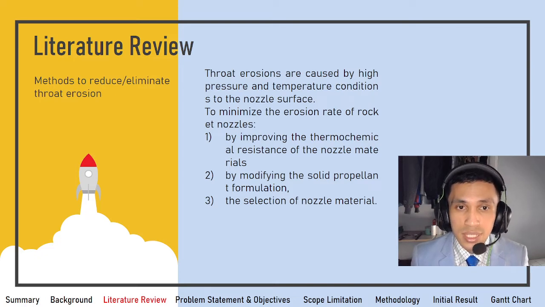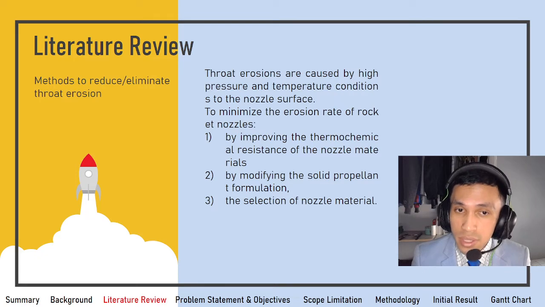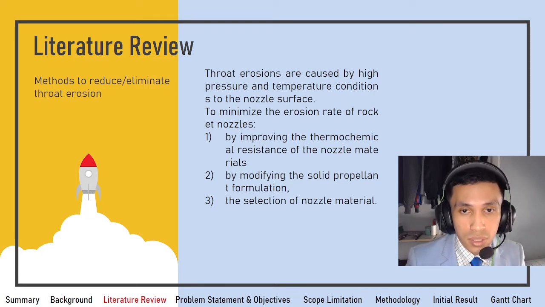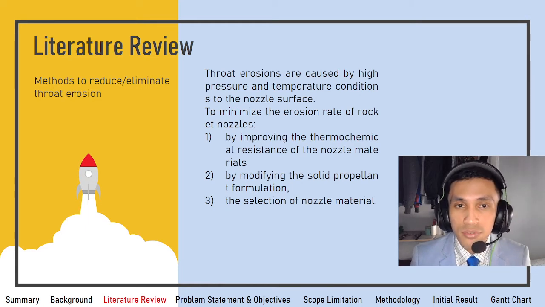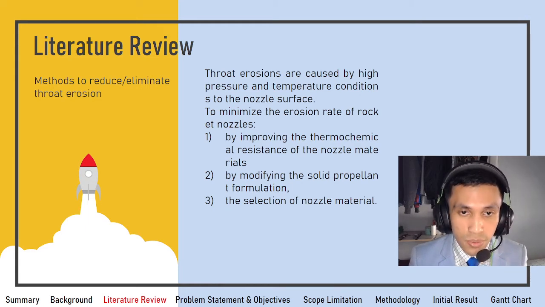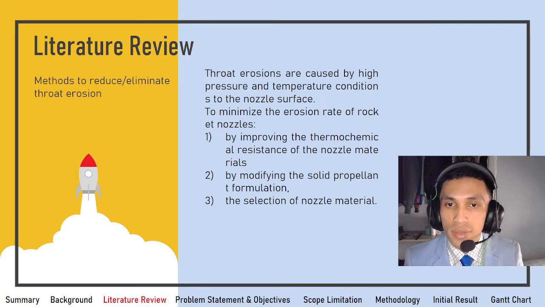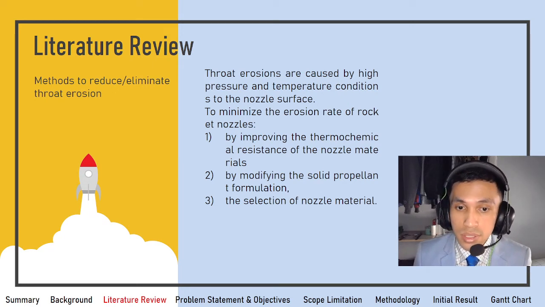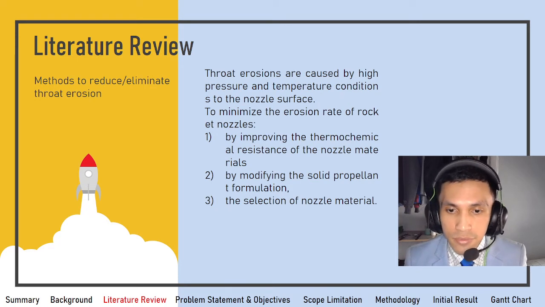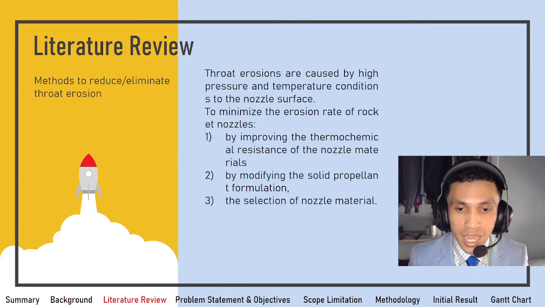These processes have a crucial effect on the erosion rate of nozzle materials. So to minimize the erosion rate of rocket nozzles, three general approaches have been found in this literature review. One, by improving the thermochemical resistance of the nozzle materials by modifying the solid propellant formulation and the selection of nozzle material.